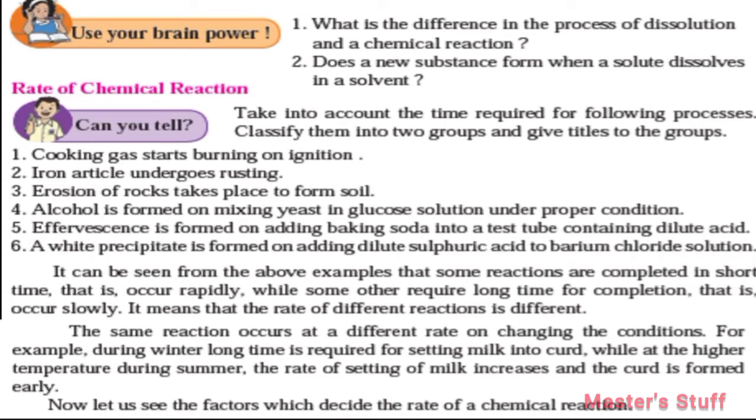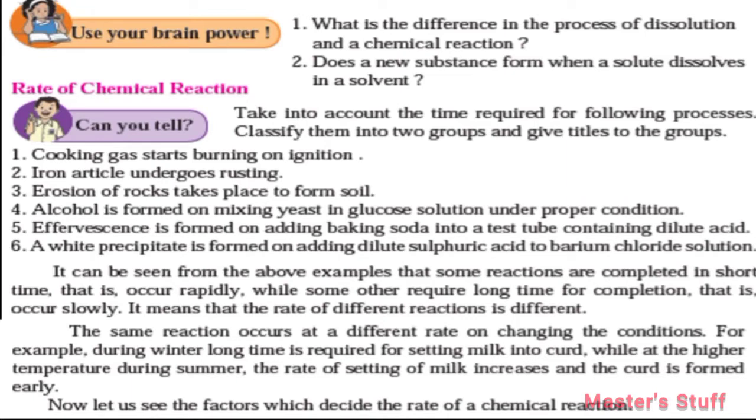Sixth, a white precipitate is formed on adding dilute sulfuric acid to barium chloride solution. Rapid process. It can be seen from these examples that some reactions are completed in a short time, that is occur rapidly, while some others require a long time for completion, that is occur slowly. It means that the rate of different reactions is different.